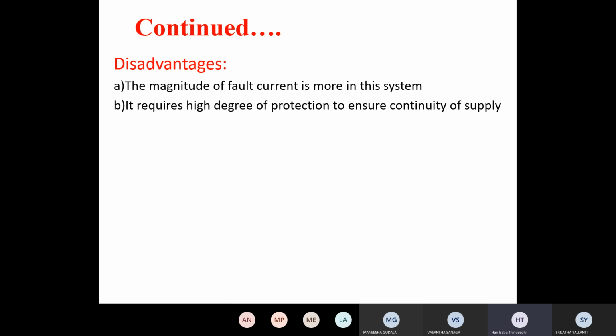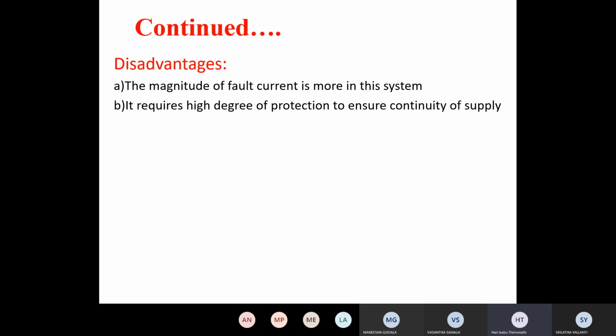Fault current high means auxiliary equipment may burn. Next, it requires a high degree of protection to ensure continuity of supply. Why? Because the magnitude of fault current is more, so to protect all the equipment from that fault current, we provide highly secured protection for each and every equipment, to provide continuity and reliable power supply to the consumers.